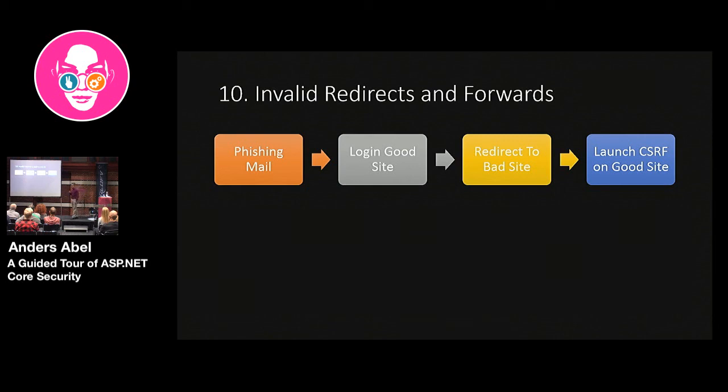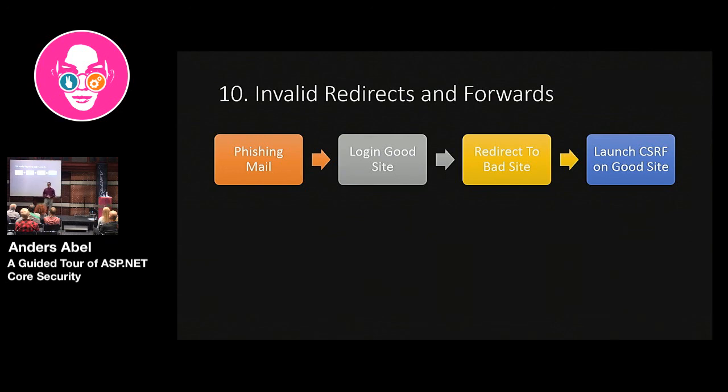If you have an invalid redirect, you can make it even less easy to detect, or even naughtier. You can send a phishing mail which contains a link to where you should log in on the real site. Then you log in on the real site. And then after login, you're redirected to the bad site, where you're asked to enter credit card details.